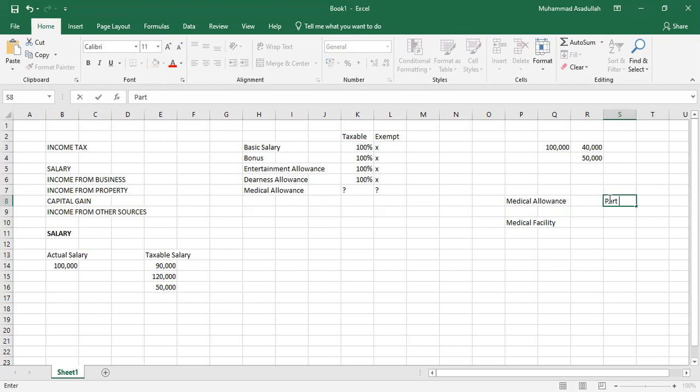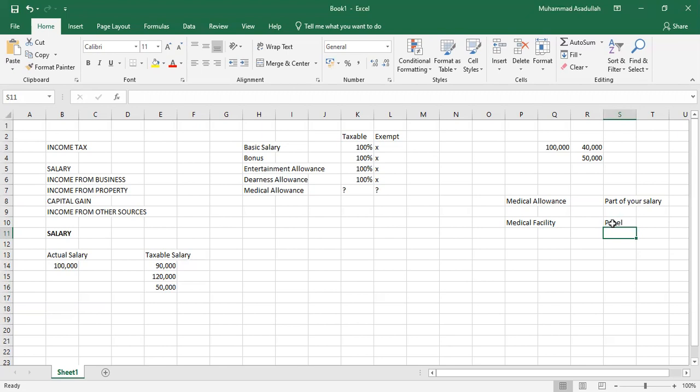Medical facility is like a panel. If you have been given a panel by your employer, then at any time if you are hospitalized, all your expenses will be covered by your panel hospitals under the insurance policy.